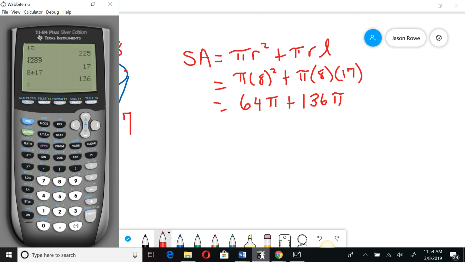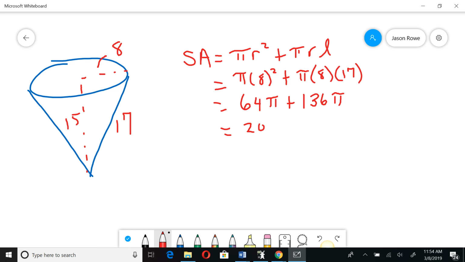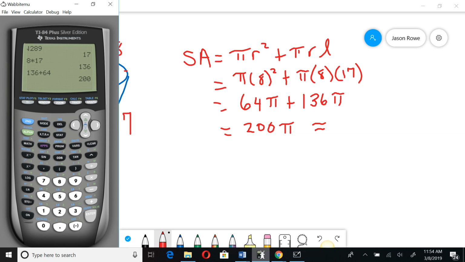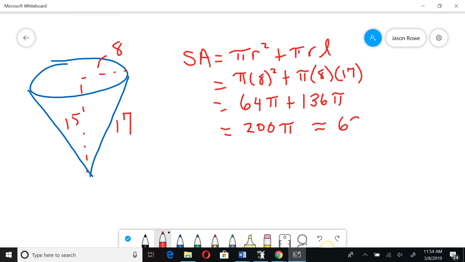So now I just need to do 136 plus 64. So that's going to give us 200 times pi. And again, if you want to estimate that using 3.14, just multiply that by 3.14. And so that would give us approximately 628 units squared.